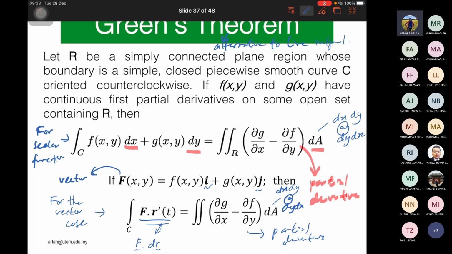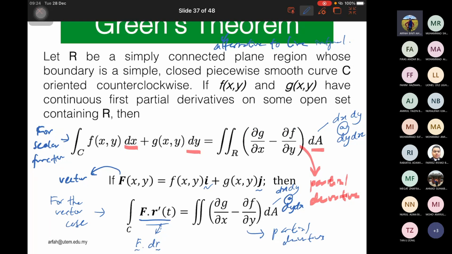The next one saya tunjukkan how to do the calculation by using the Green's theorem. Done. This one. Done tu.